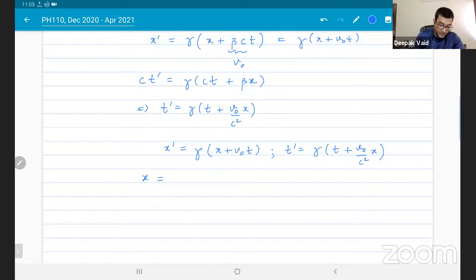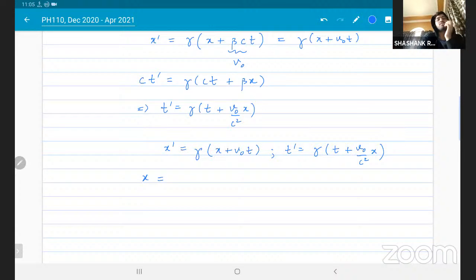And what will be the expression for x in terms of x prime and t prime? It will be a Lorentz transformation again. The only difference is that V naught will become minus V naught.